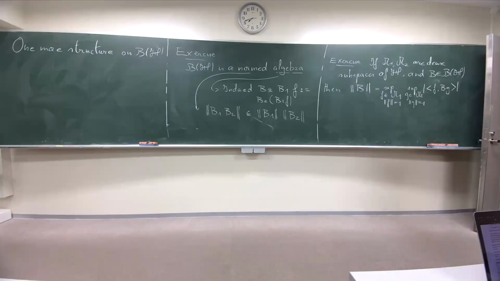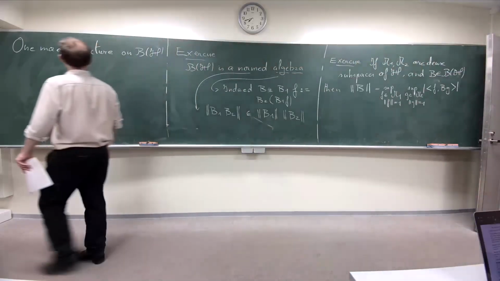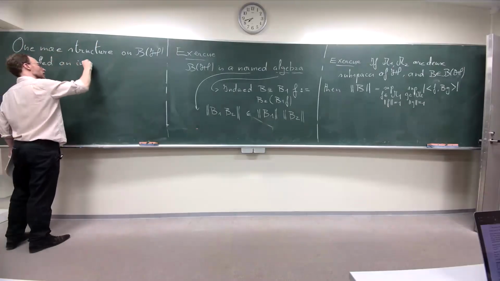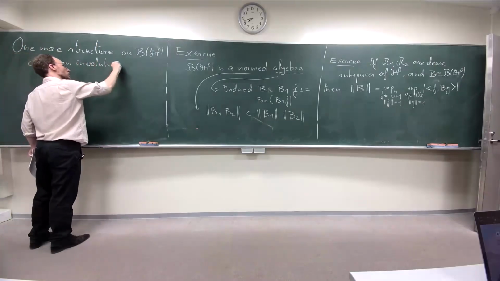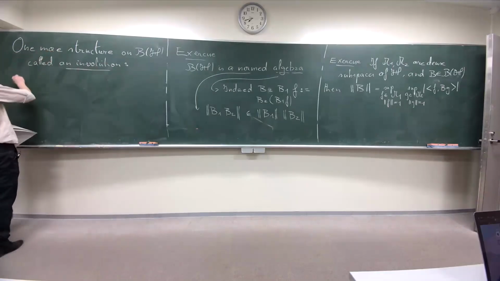Why is transpose not enough? Because transpose is fine for matrices with real entries. Now I want to take matrices with entries in C. There is this notion of conjugate. So I will come back to it. One more structure on B of H is called an involution. So let me explain the definition.